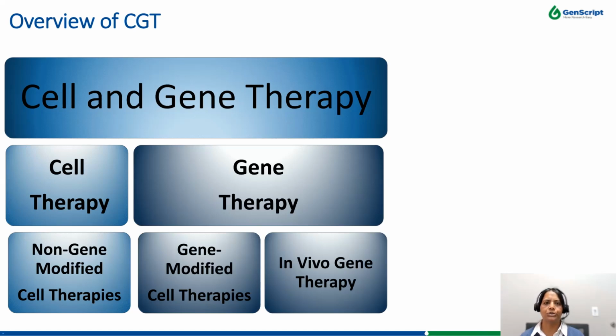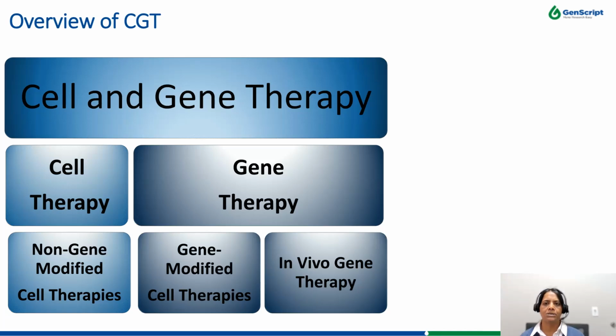And this can be done in 2 ways. One is in vivo gene therapy, where new genes are directly delivered into the patient's body, while ex vivo gene therapy, also known as cell therapy, involves removing the cells, editing them in the lab, and then putting them back into the patient.